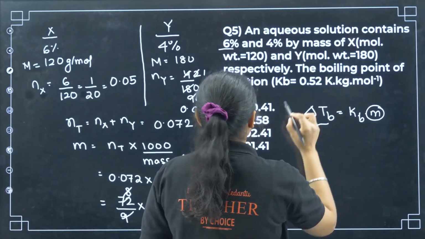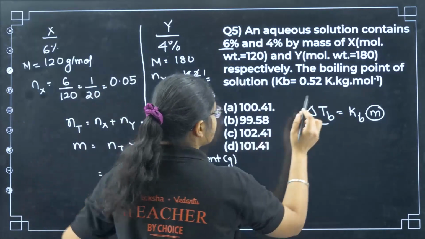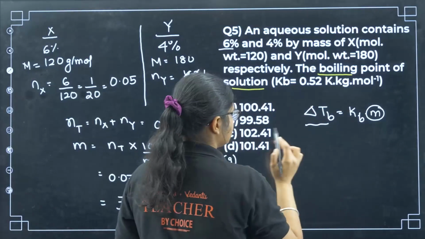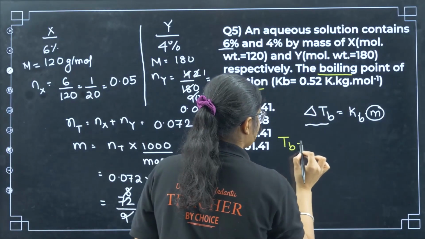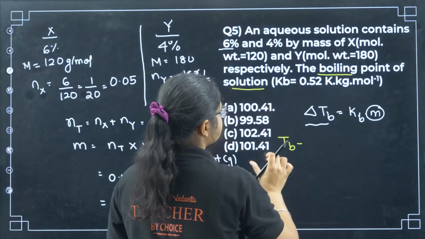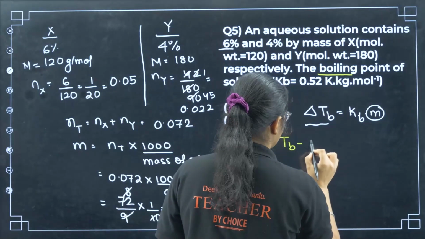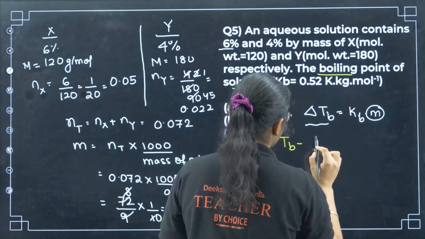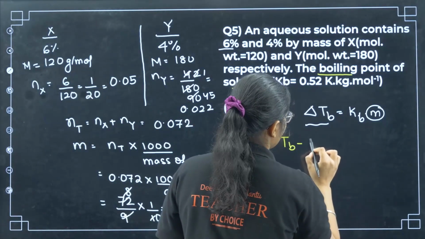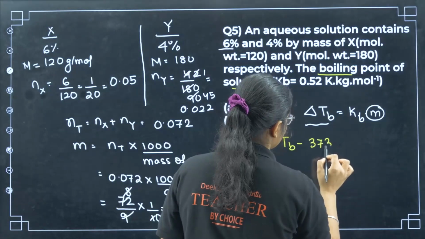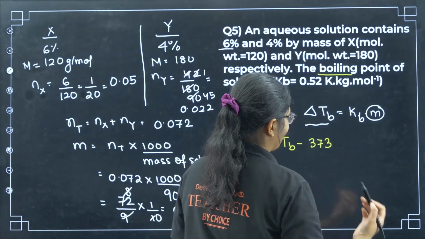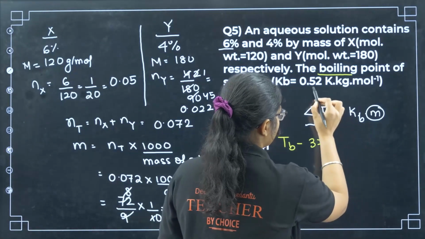So Tb, the boiling point, you have to calculate the boiling point of the solution. So that is your Tb, right? And you can see the options are given. I'll just write down T naught b, that is 373. Okay, I am doing it in Kelvin because here it is in Kelvin.